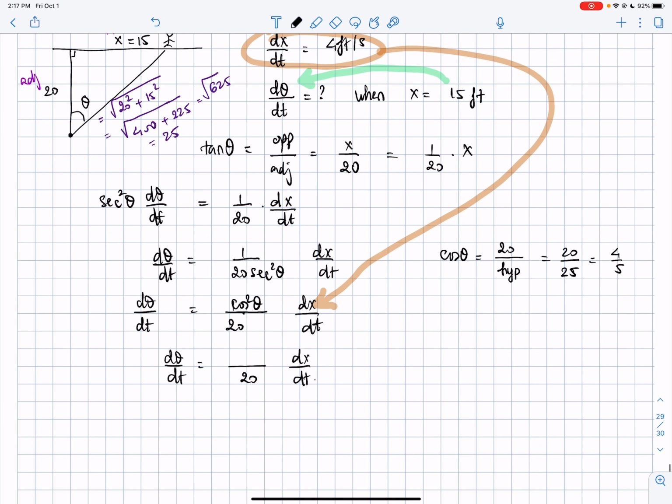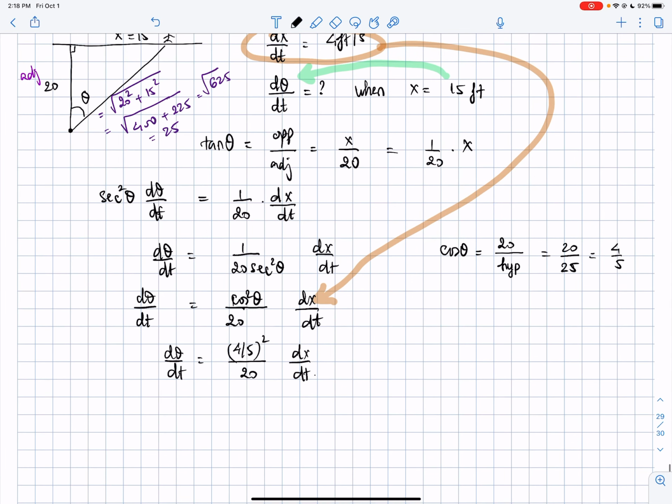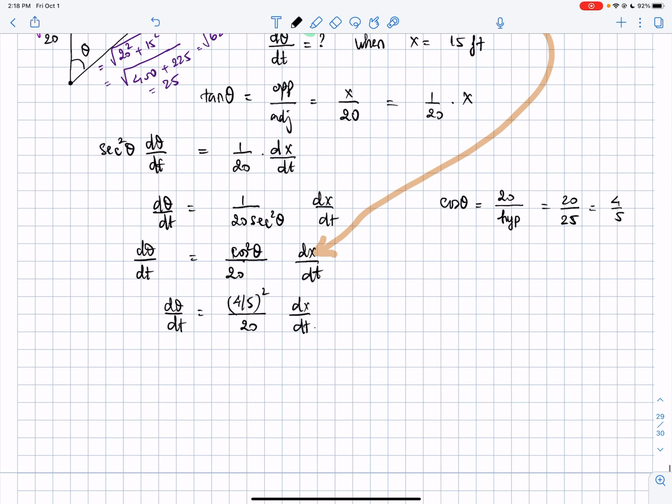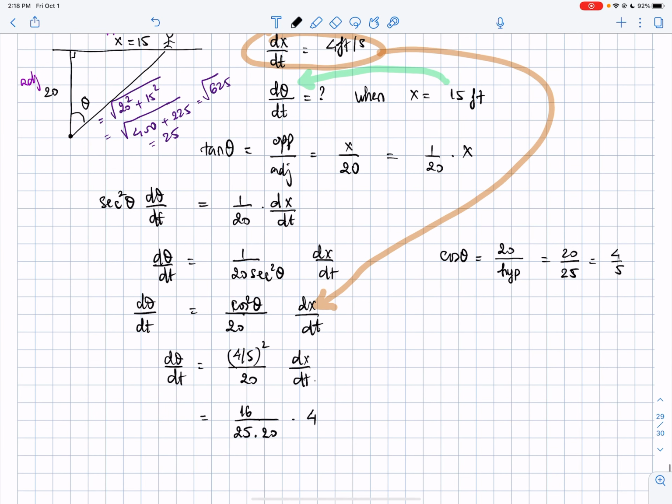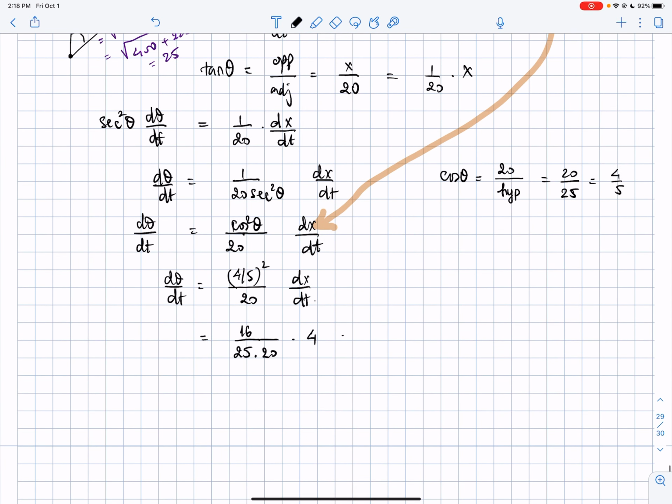Now the cosine we will plug in is 4 over 5 squared, divided by 20, times dx dt. So that is 16 over 25, for 4 over 5 squared, divided by 20, times dx dt. dx dt is 4 feet per second, so times 4.